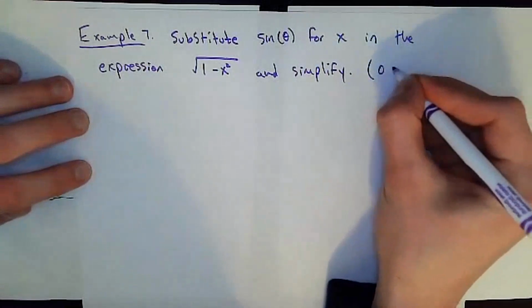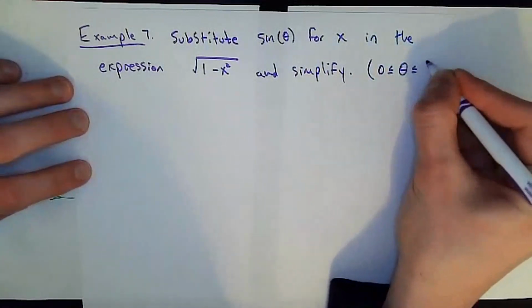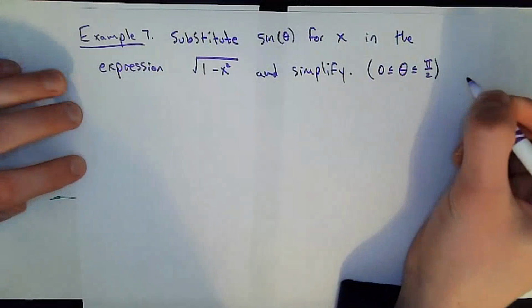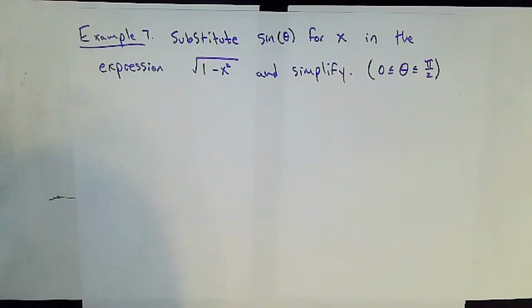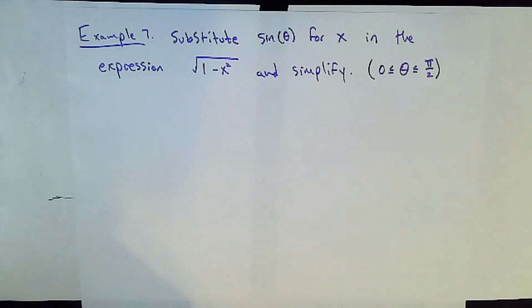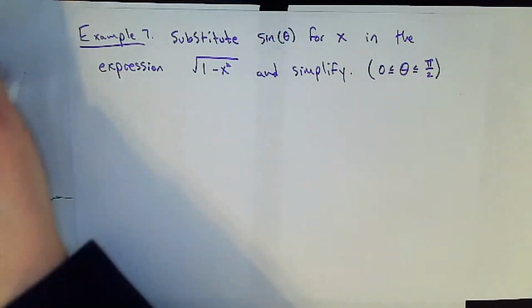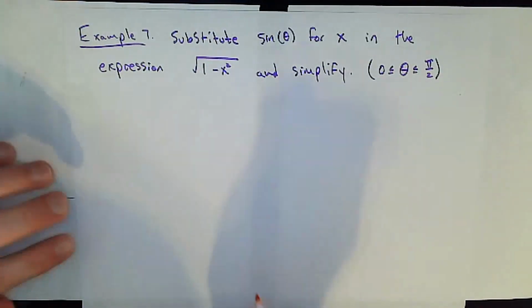And we're assuming that theta is between 0 and pi over 2. I'll explain why that is when it comes up, because it's not that difficult.